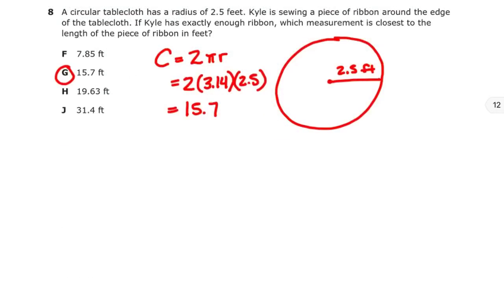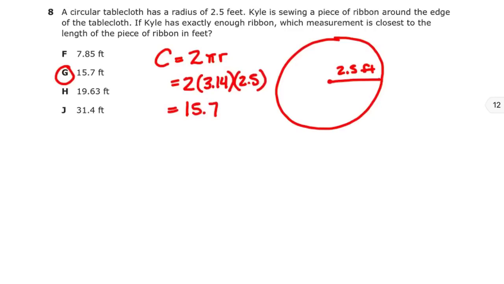And lastly, 8, a circular tablecloth has a radius of 2.5. Cal is sewing a piece of ribbon around the edge of the tablecloth. If Cal has exactly enough ribbon, which measurement is closest to the length of the piece of ribbon in feet? This is a case where we would need to go back and reference the reference sheet to get the equation for the circle if you do not already have it memorized.